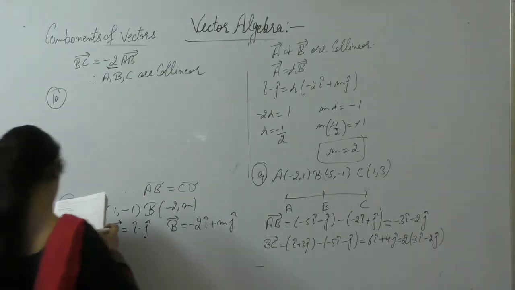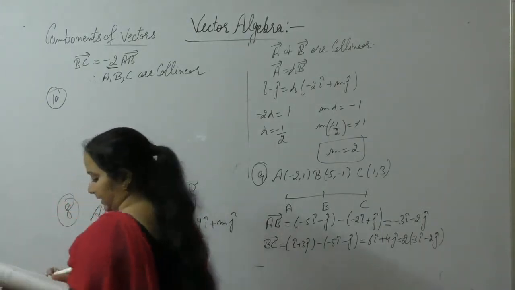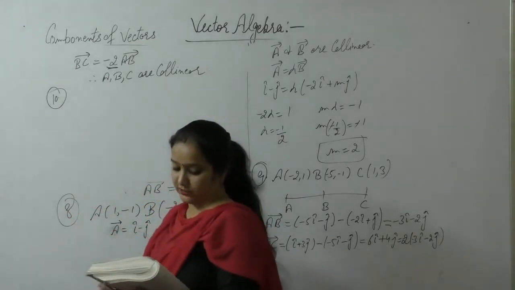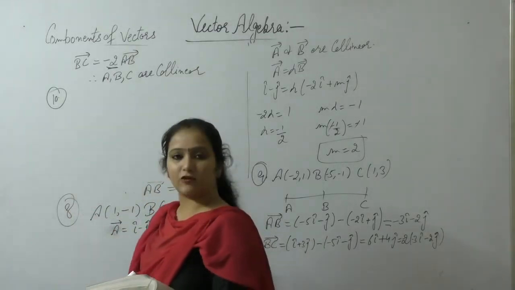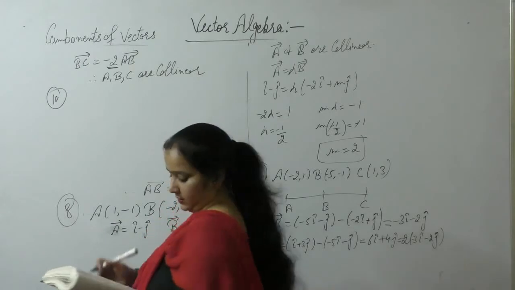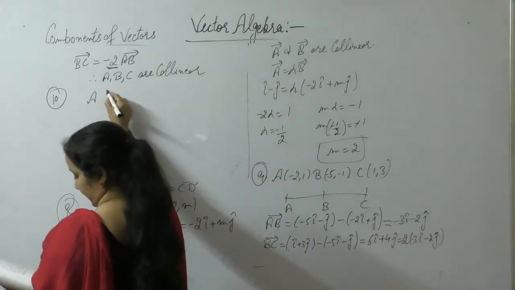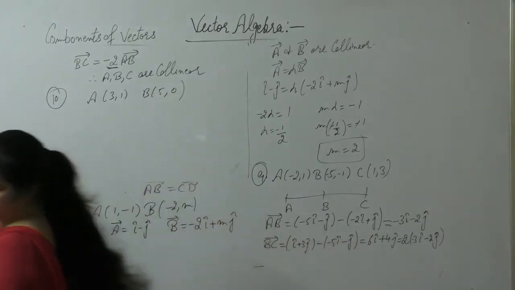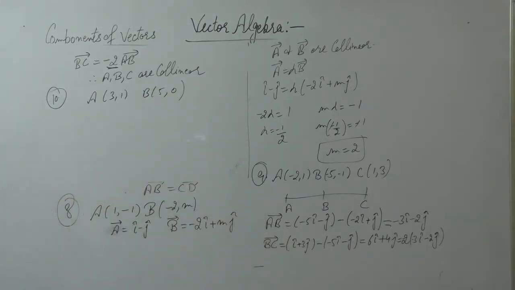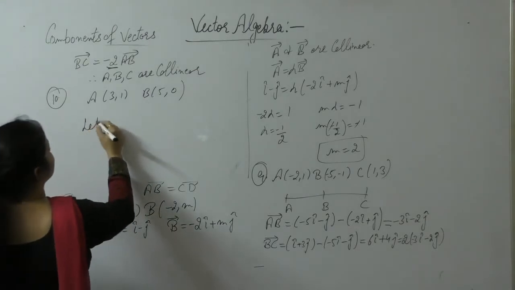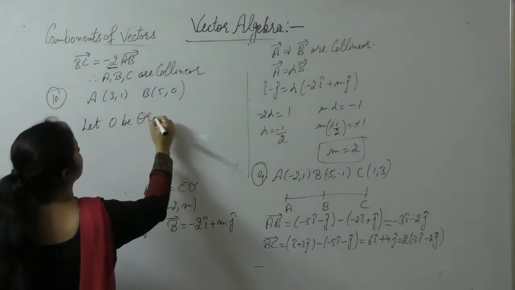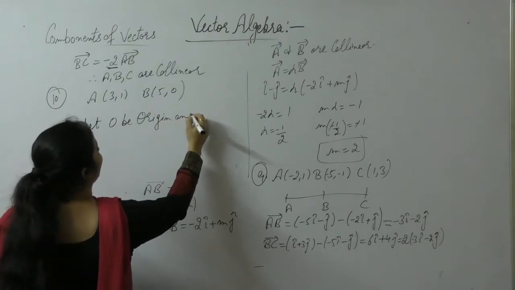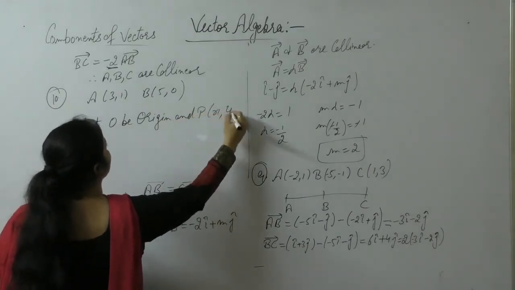Now next one. Find the coordinates of the tip of the position vector which is equivalent to AB vector, where the coordinates of A and B are given. Let O be the origin and P be the point.